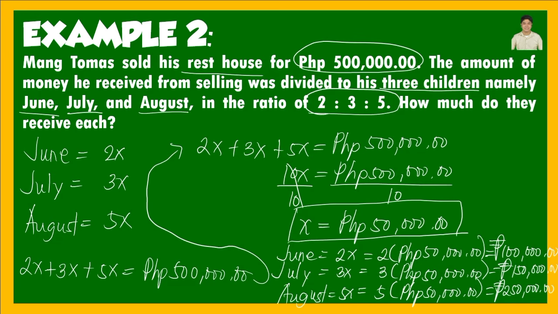Kailangan equal po yan. So again, 100,000 plus 150,000 plus 250,000, ang makukuha nating sum dyan is 500,000 pesos. Makikita na si June, ang pinakakonti ang marireceive, and then si August naman ang pinakamataas ang marireceive, which is 250,000. Kalahati mismo ng 500,000 pesos.